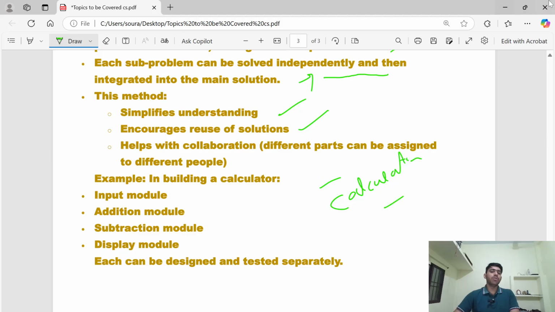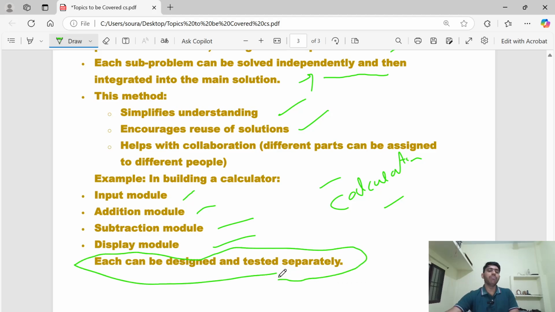The modules are the input module, addition module, subtraction module and display module, and each can be designed and tested separately. After designing the modules, we need to test every module and work on it. That is the main motto of decomposition.